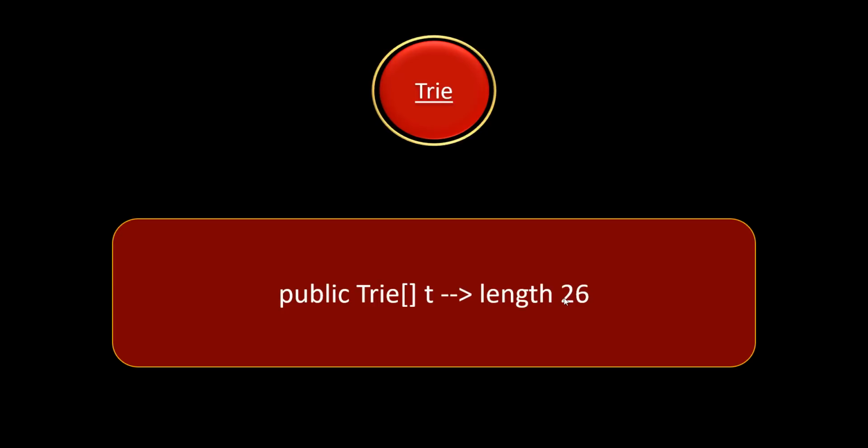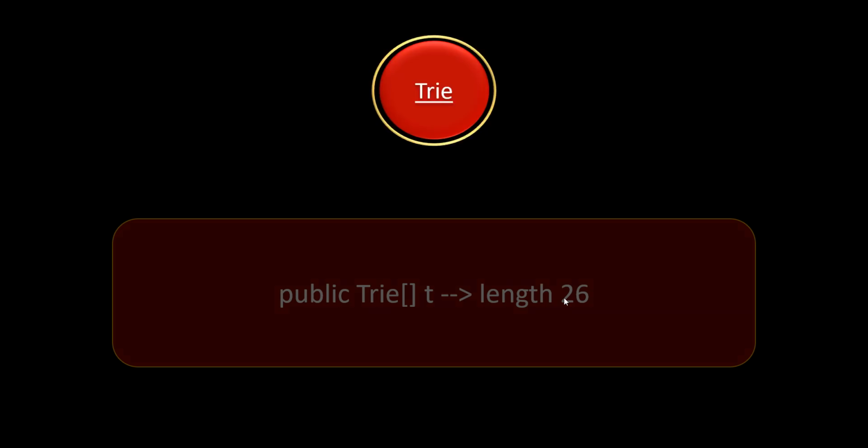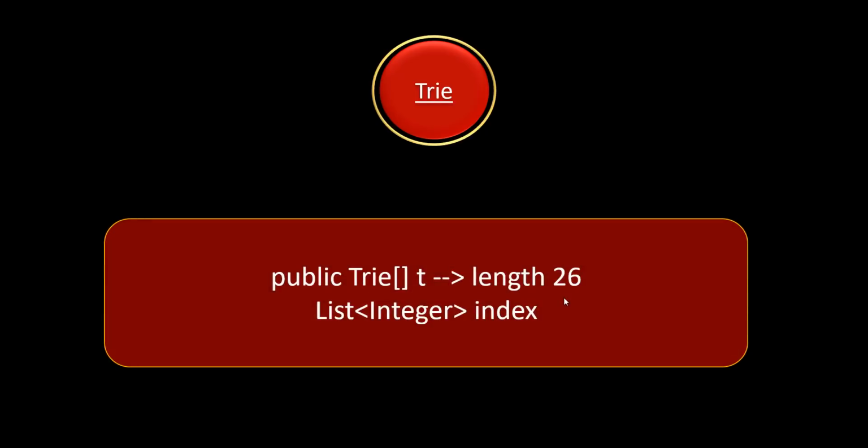So we'll have this in our data structure that we'll be using. And apart from that, as we have to return the indexes, we'll have to store them in our data structure. So we'll also have an index. And since you can have multiple indexes for a particular start and end, we'll be having a list of integers.